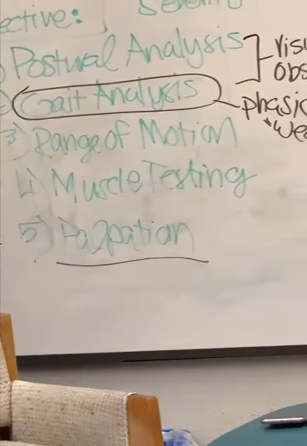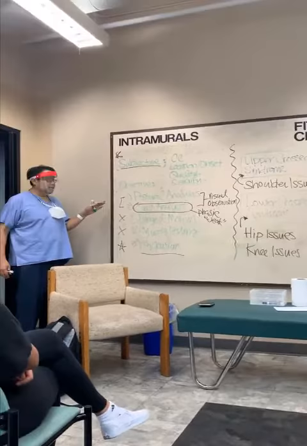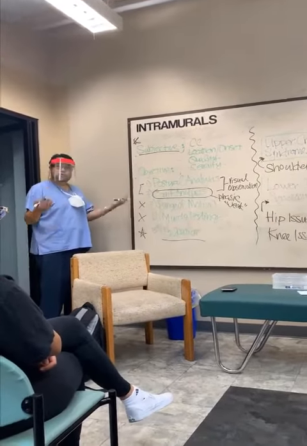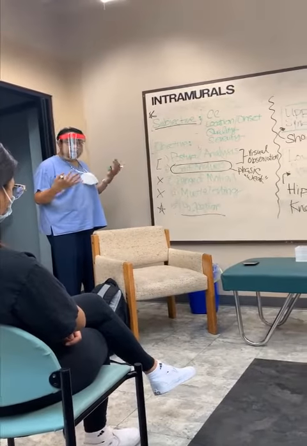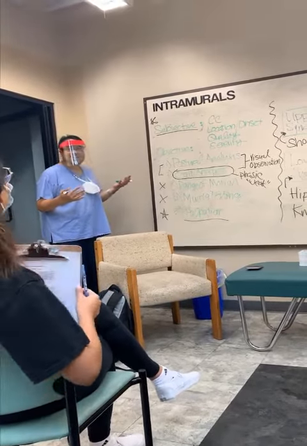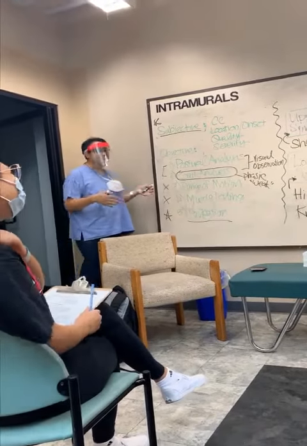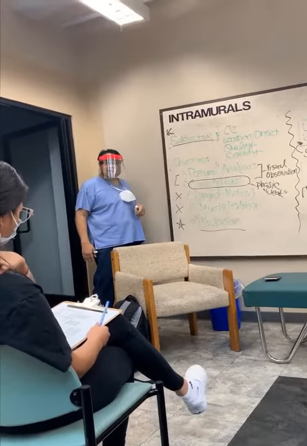Okay? So I just wanted to add more detail because yesterday you guys were just going through it and doing it, right? Yesterday was just about getting your feet wet and going through the motions of posture analysis and gait analysis, right?